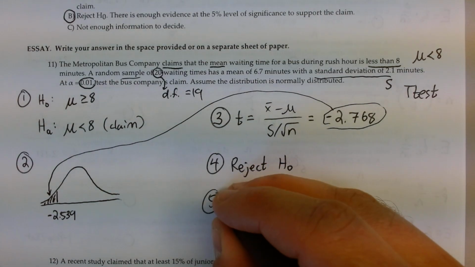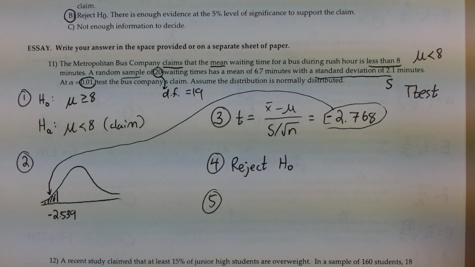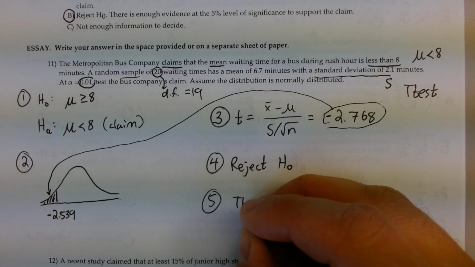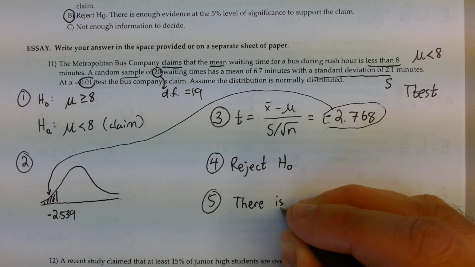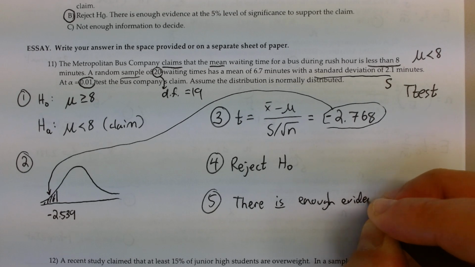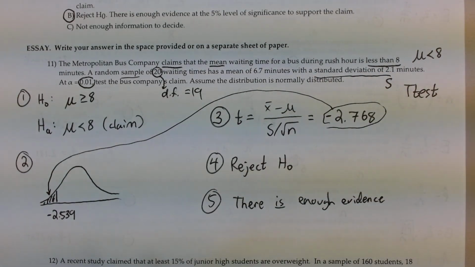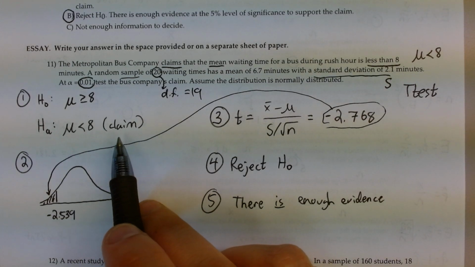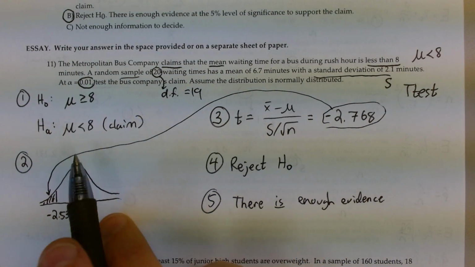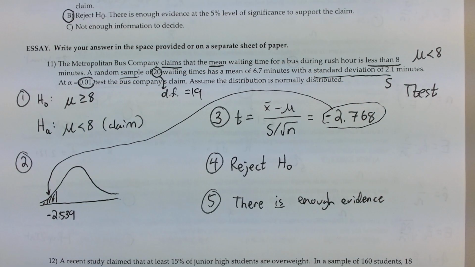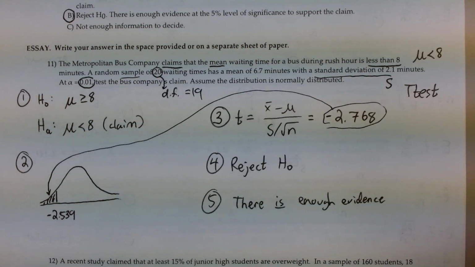And finally, we interpret what it means to reject it. Rejecting always means that our data is statistically significant. So we would say that there is enough evidence, and then whether we support or reject anything depends on what the claim is. So the claim is an alternative hypothesis, so we are supporting that claim because rejecting the null means we support the alternative, which is the claim.